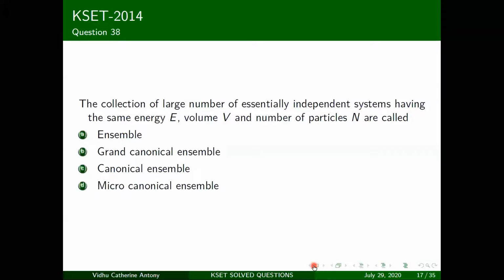Let's revise what a microcanonical ensemble is. Microcanonical ensemble basically means an isolated system. Grand canonical ensemble means you have a transmission of energy, but no transmission of particles. Did I say grand canonical? I'm not very certain. I meant canonical. So canonical ensemble means you have transmission of energy, but no transmission of particles.